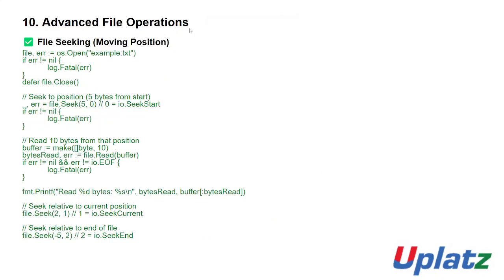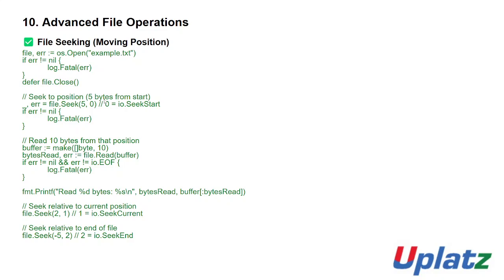Advanced file operations: file checking, moving position. File, error, os.Open example.txt, if error not equal to nil, log fatal error. Defer file close.